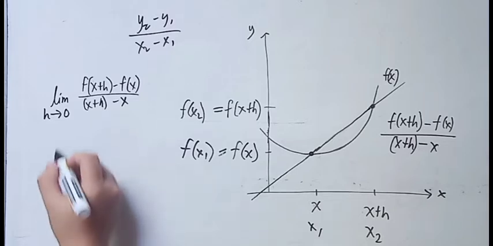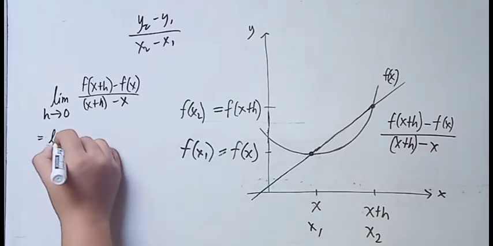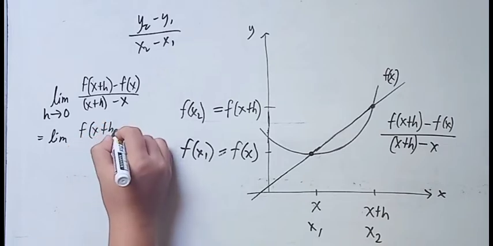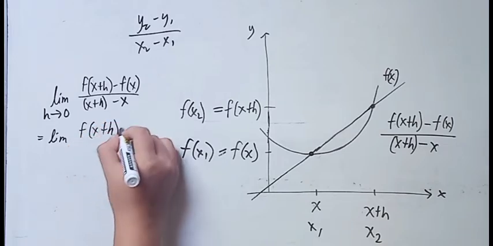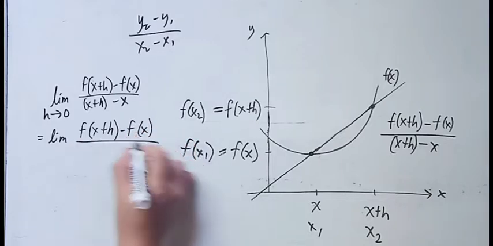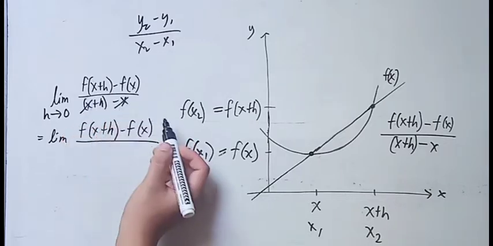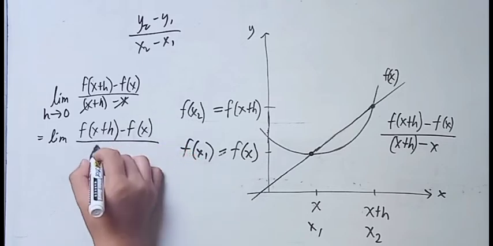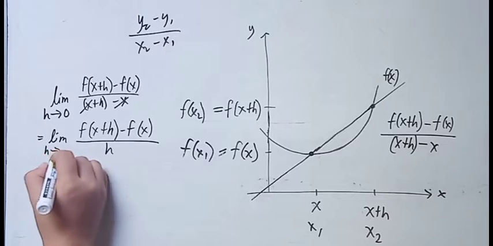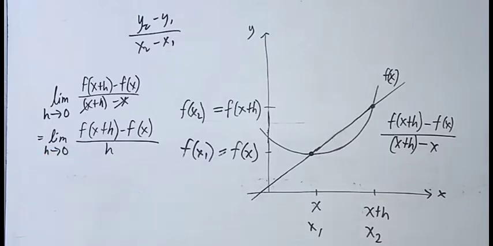And so this is equal to the limit of f of x plus h minus f of x all over, we can now cancel x in our denominator. So that is all over h as h approaches 0. So now we can see that the slope and the derivative are very much connected.